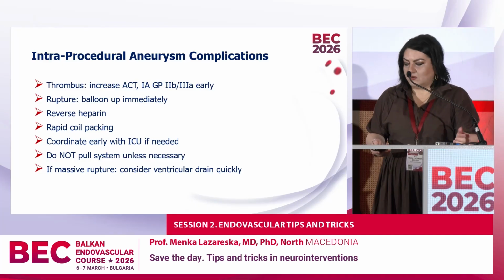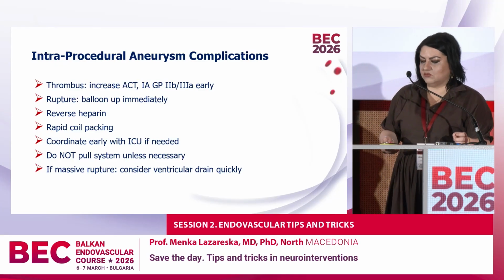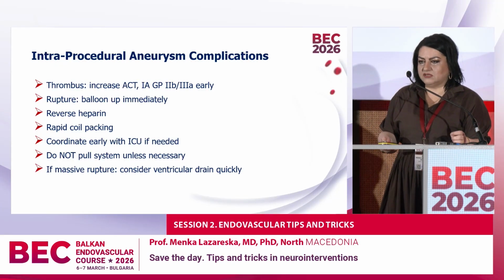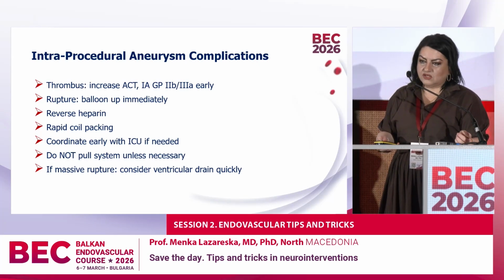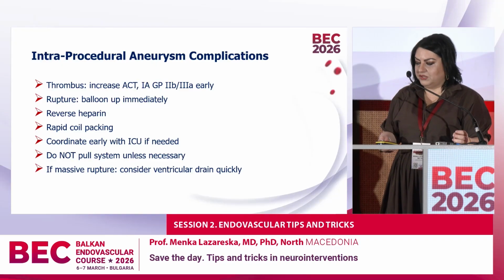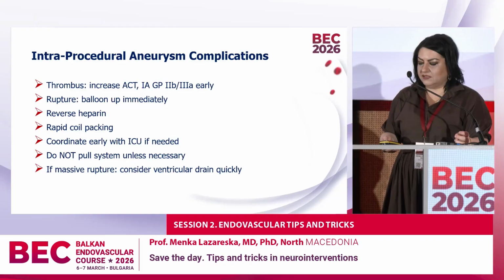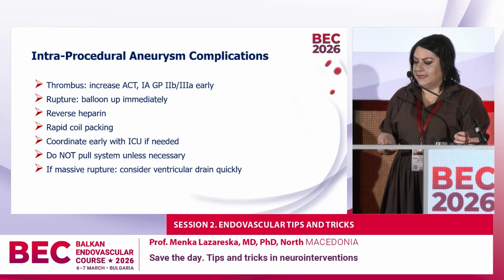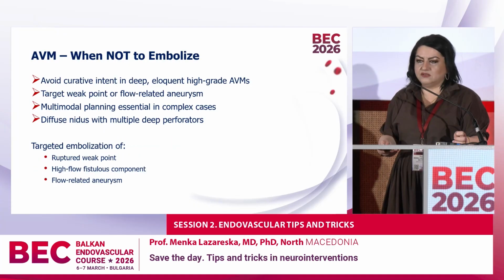Always be prepared for procedural aneurysm complications. When thrombus comes, increase ACT, give intraarterial GP 2B3A, keep the balloon up immediately, reverse heparin, do rapid coil packing, and do not pull the system unless necessary. Don't panic. And in massive rupture, consider ventricular drainage early.